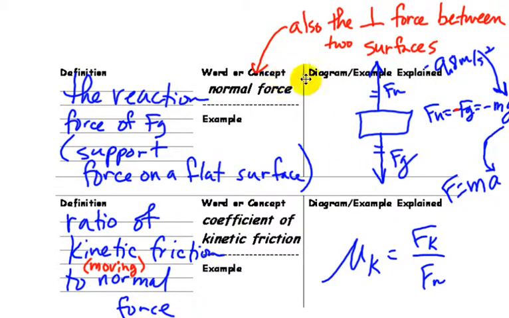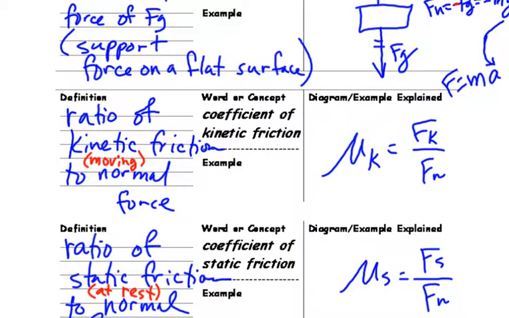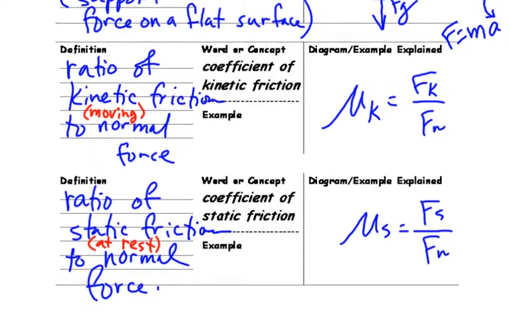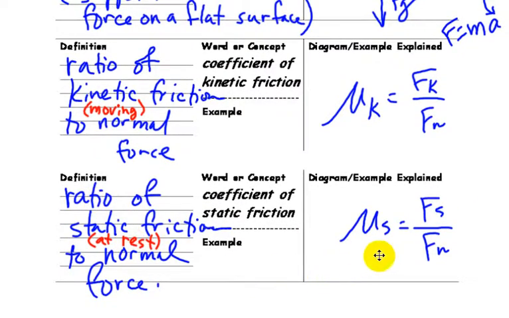Also, normal force is referred to as the perpendicular force between the surfaces. Coefficient of kinetic friction is the ratio of kinetic force and the normal force, whereas coefficient of static friction is the static friction force over the normal force. Notice here I don't use Ff for friction. I try to be more specific in stating whether it's kinetic or static.